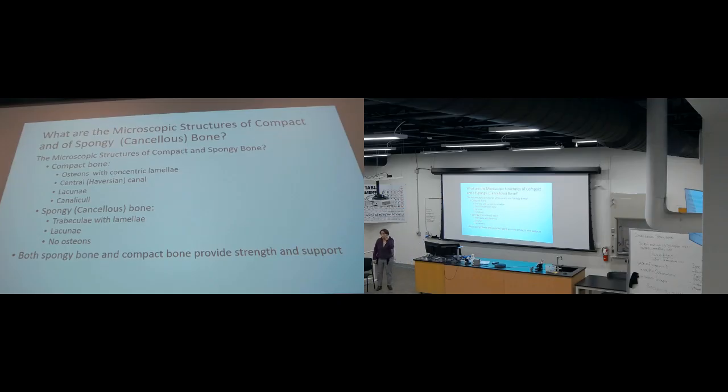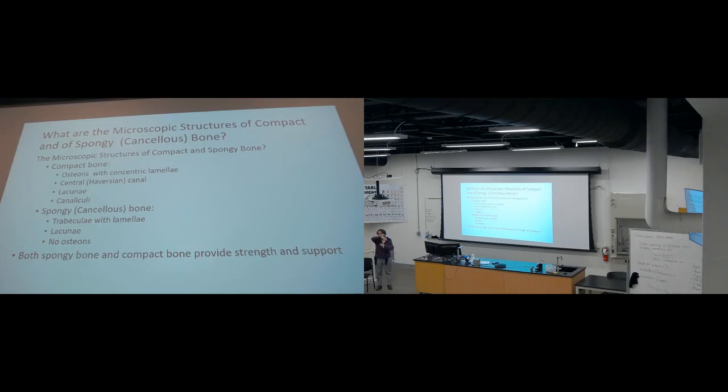In these osteons, in the middle, you have a central canal. And in this central canal, you have an artery, the central artery, which is a branch of the nutrient artery. It runs through this nutrient canal to provide blood supply, rich in oxygen and nutrients, to the surrounding cells and tissue.